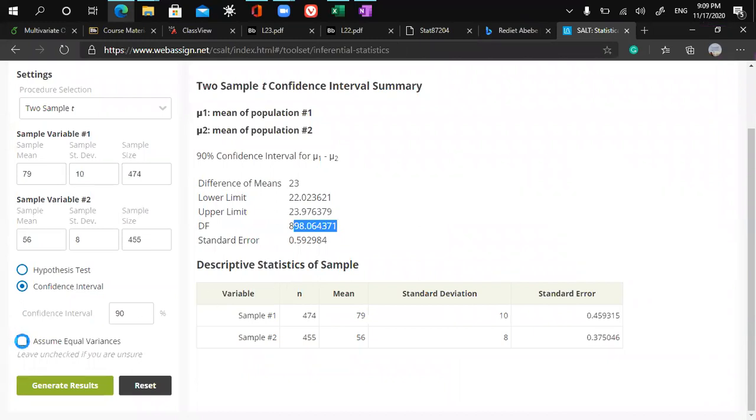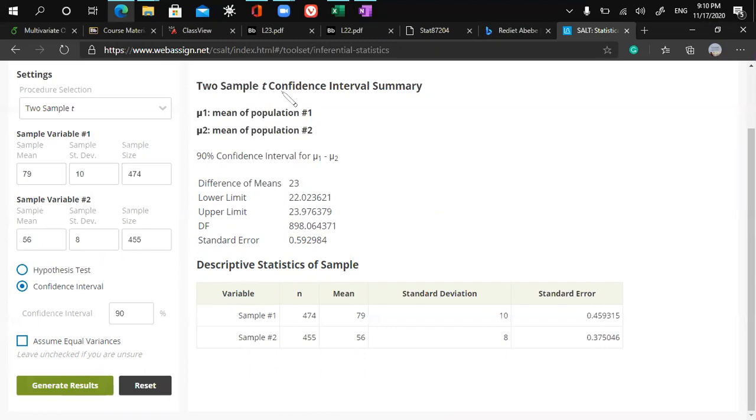And how about if we assume equal variance? You see there is a difference. It increases, and there is a slight difference here. The standard error is 0.59, and without this one, it is still the same actually. There is a mild difference.